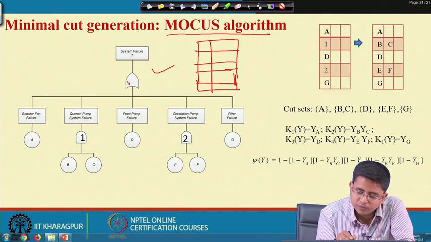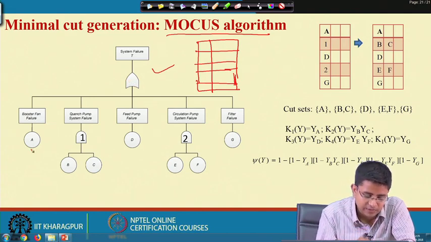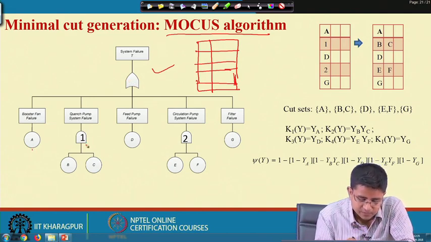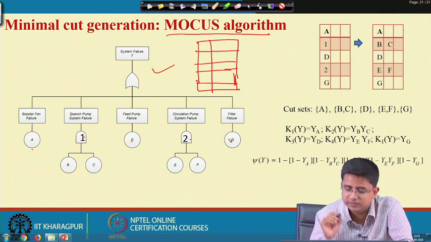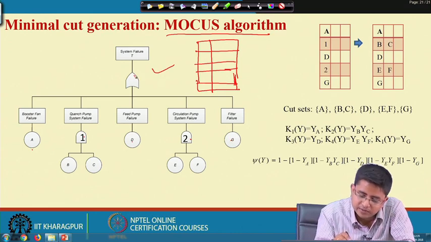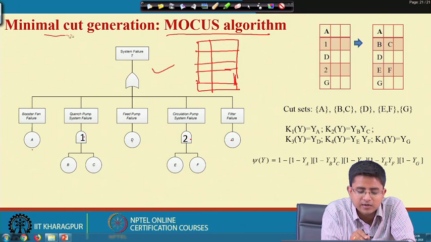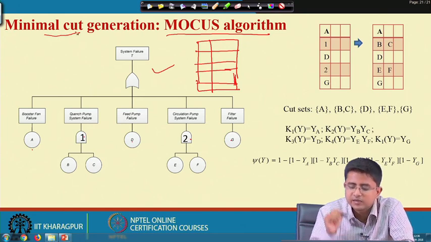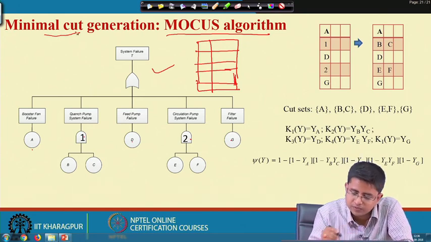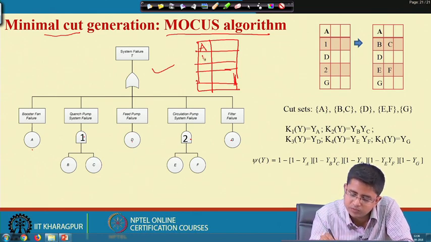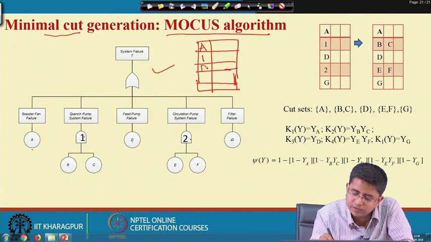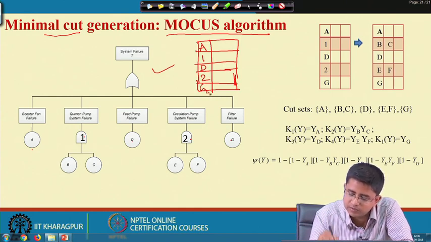So the inputs to this OR gate are A, then 1, then D, then 2, then G. So as this is an OR gate, when we go for minimal cut, it will increase the number of rows. So we will write here A as the first input, then 1, second input is D, third input is 2, fourth input is G.